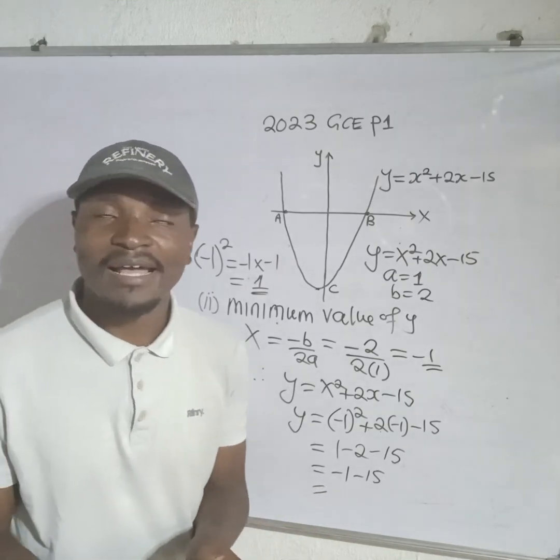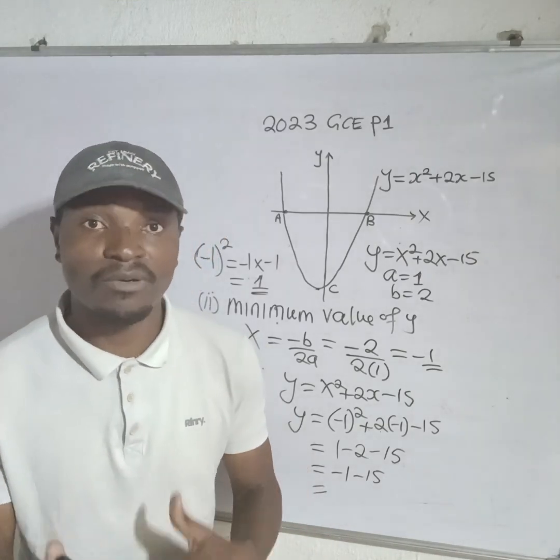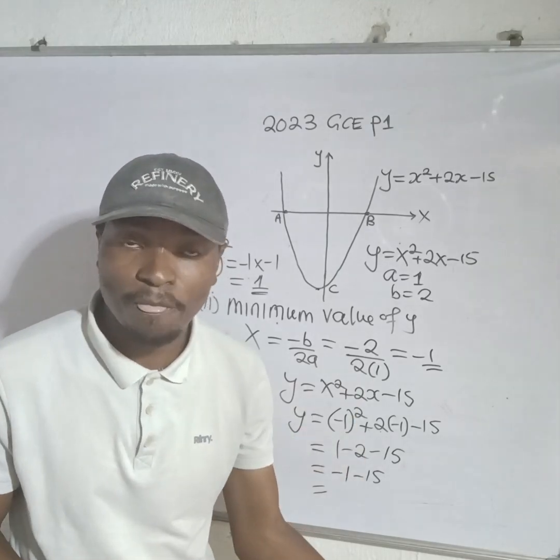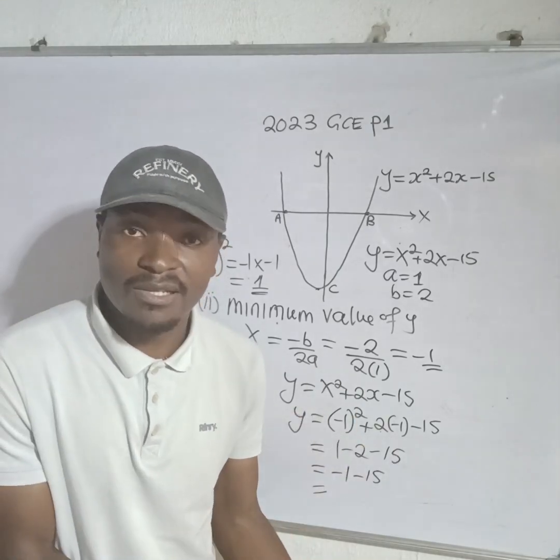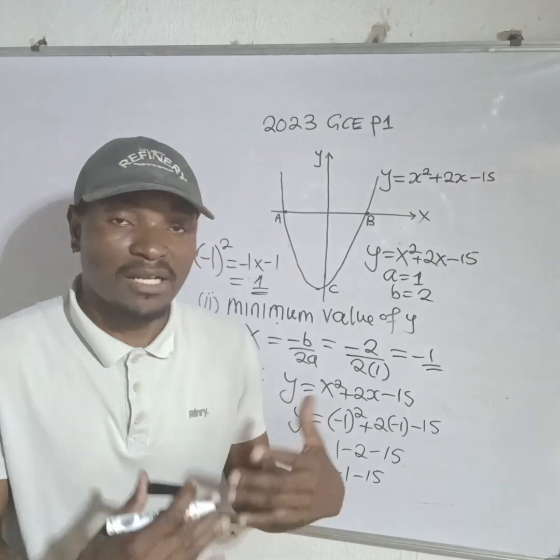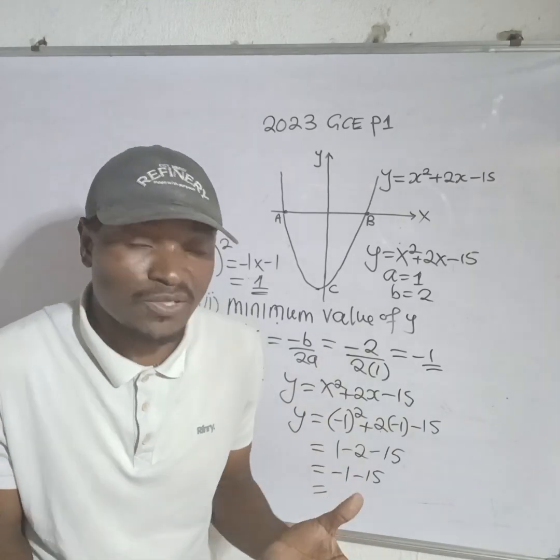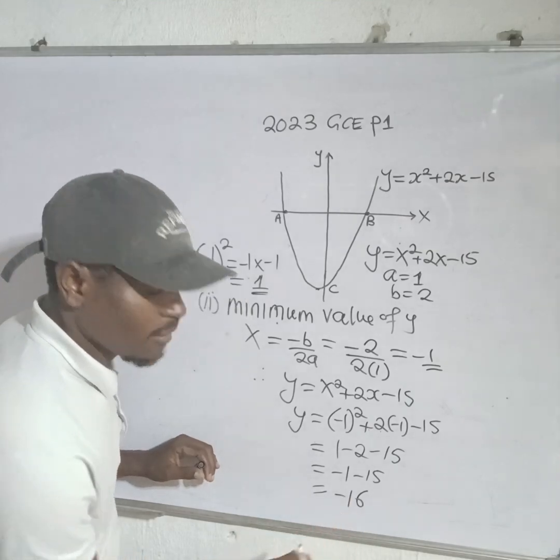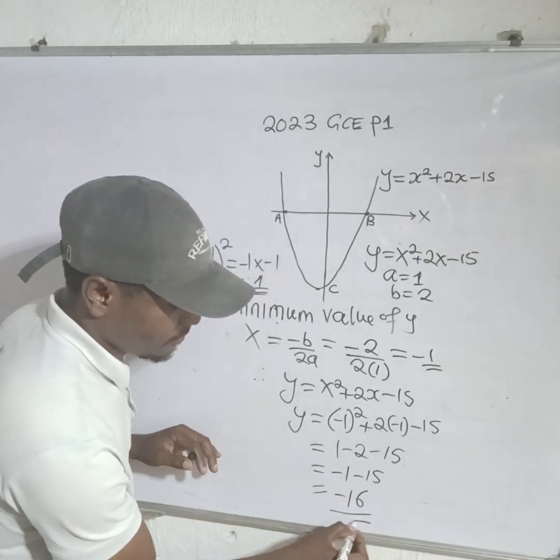So you know the laws of algebraic addition. Once you have something like this, a negative number subtracting from a negative number, we are just adding in the actual sense. So this is just going to be 16, and then you add the negative there.